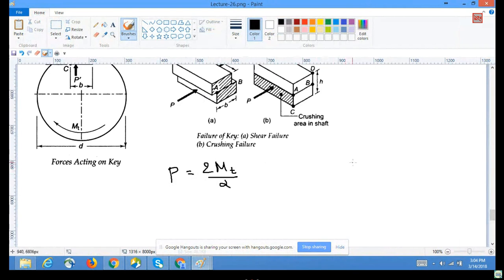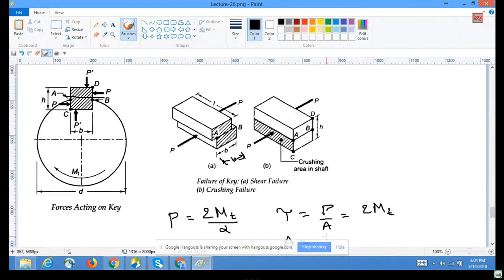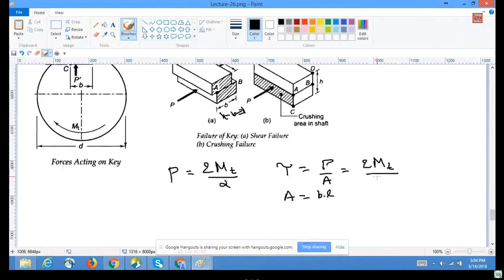Hence for this shear force, we can obtain our shear stress as P by A, where P is 2MT and A is the cross-section with width B and length L. So the cross-section area at which the shearing is happening is B into L. So the shear failure is tau equals 2MT by dBL.